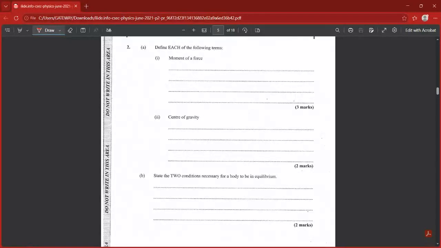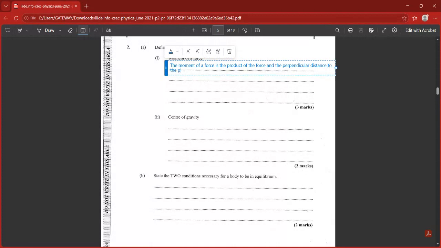Let's define each of the following terms. So, moment of a force. What I have for this one is the definition: the moment of a force is the product of the force and the perpendicular distance to the pivot.